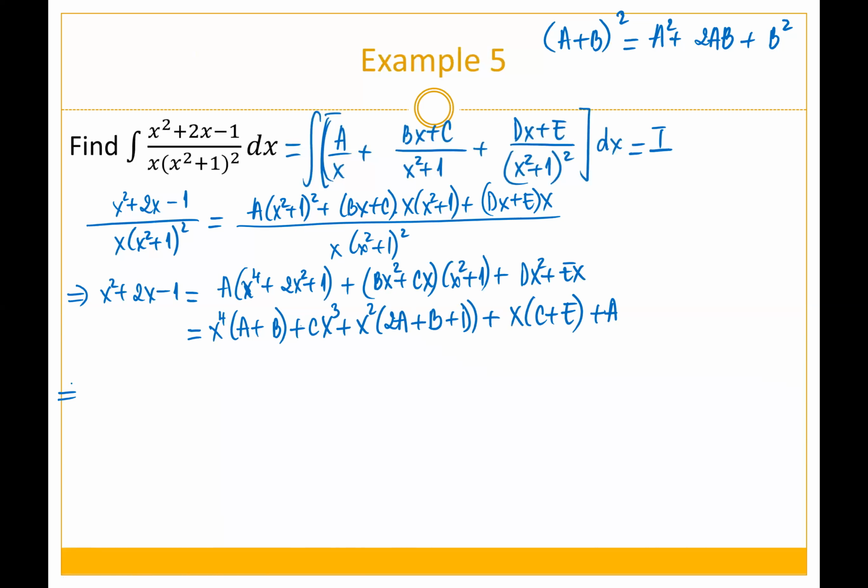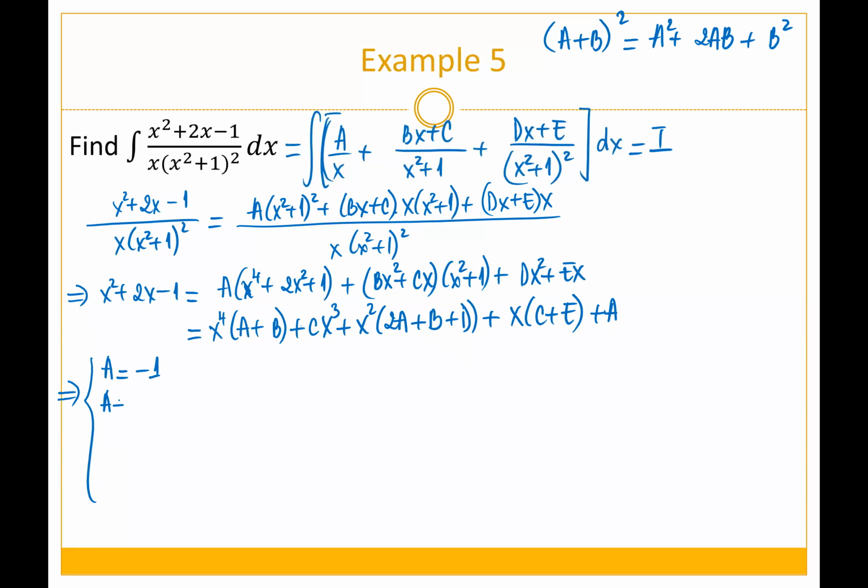Now, put it in the system. A lot of you might be freaked out already, like we have 5 unknowns and we have to solve a 5 equation system. But don't freak out. Usually if it's given to you in the exam, it's not complicated at all, because the entire point is to be able to use integration and not to solve algebra. So it shouldn't be super complicated, because that's not the main focus of this course.